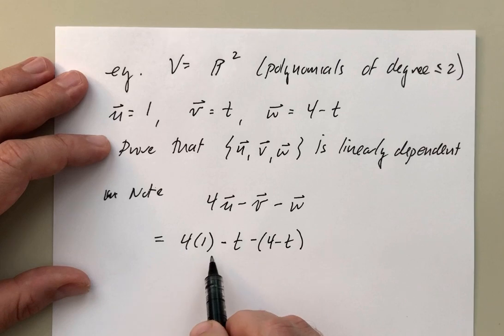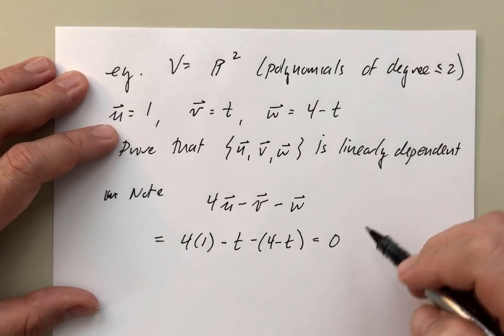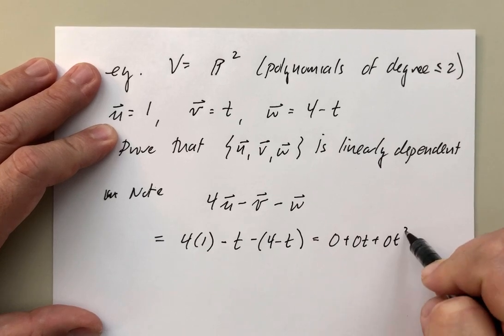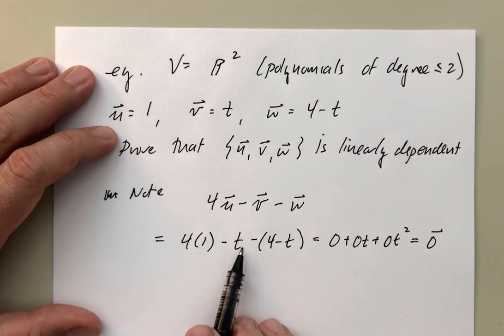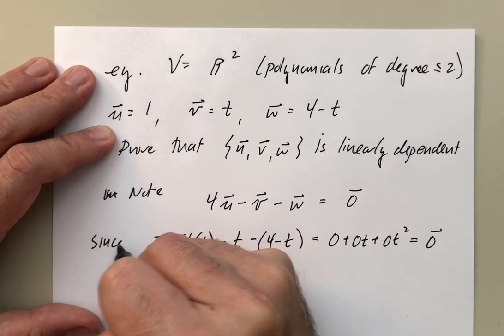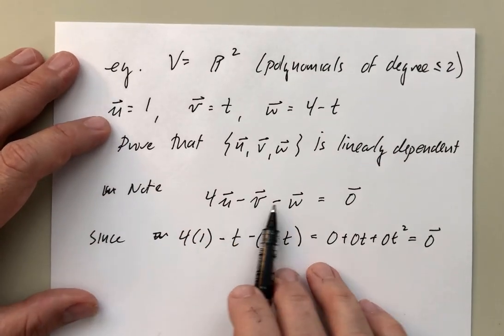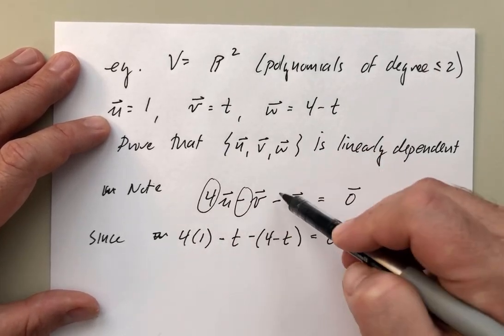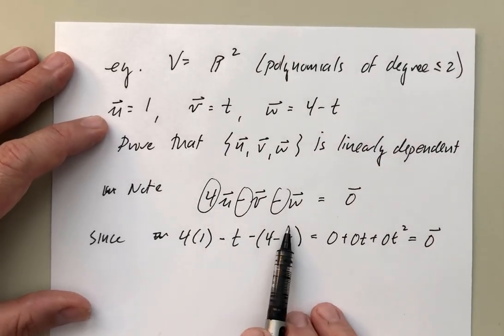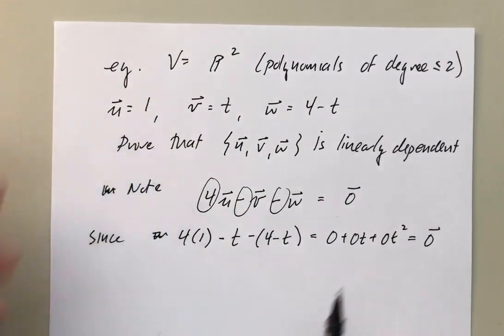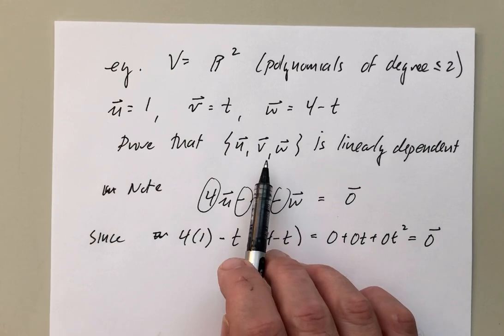And what do I get? This is 0, which is the 0 polynomial, which is the 0 vector. So what I've done here is written the 0 vector as a linear combination. I've taken 4, minus 1, minus 1 as the weights, and I get the 0 vector, which is the 0 polynomial here. So that is a dependent set of vectors.